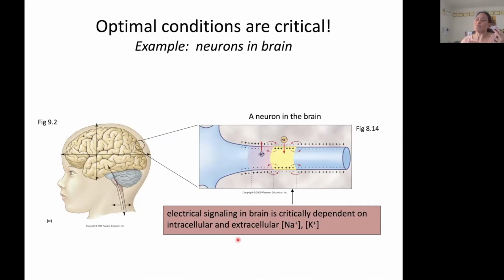What you might not know at this point, and you're not expected to know this, but you will be expected to know it in about 3 weeks, is that this electrical signaling is highly dependent on the concentrations of certain ions inside and outside of the neuron. Namely, we're interested here in sodium and potassium, as you will see when we cover this later on.